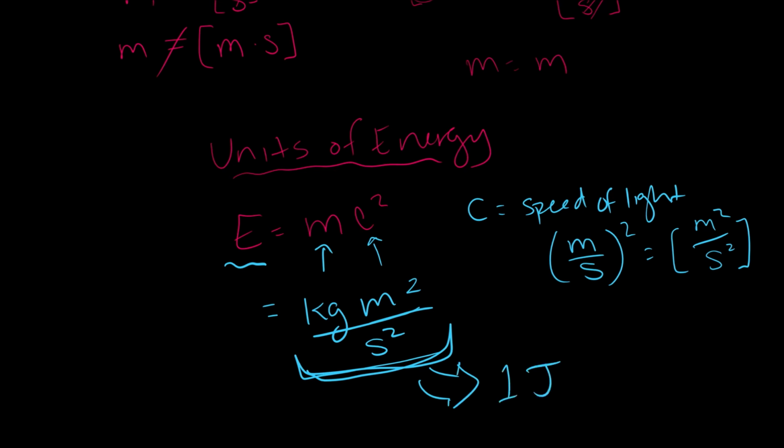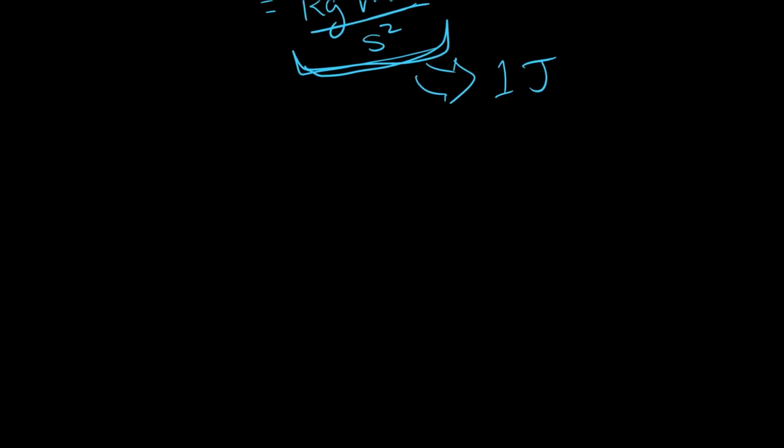So kilogram meter squared per second squared is equal to 1 joule as well. Dimensional analysis can be used to tell yourself if you're on the right track or not. Will your equation work to give you a value with the units that you're looking for? So dimensional analysis is useful.